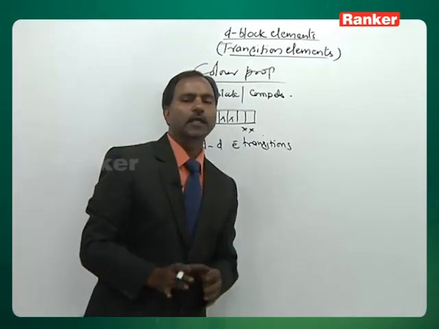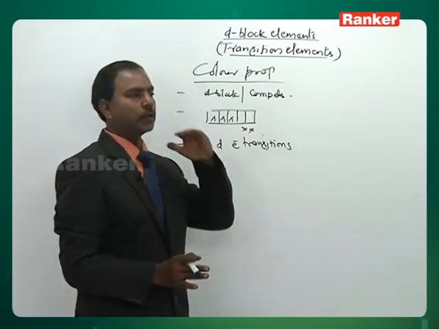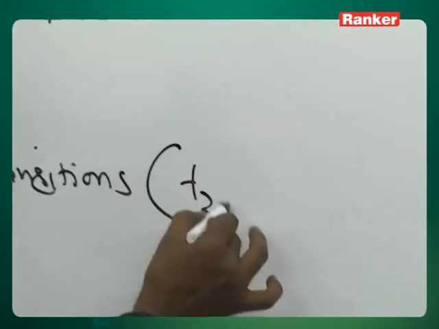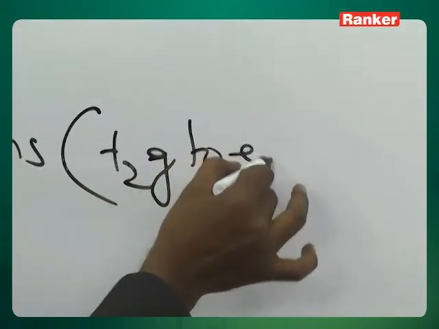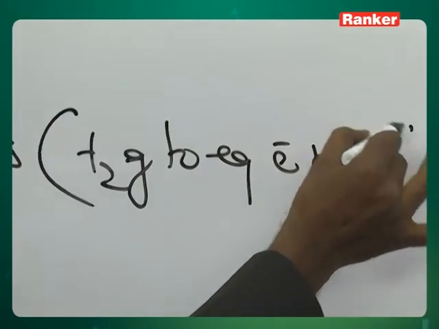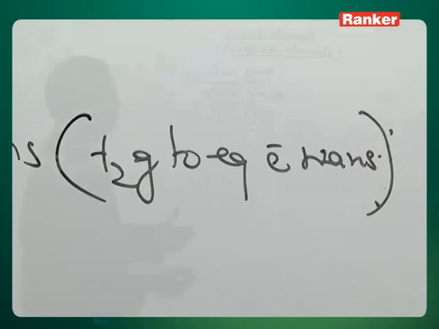According to crystal field theory, this particular transition you can also say is a t2g to eg electronic transition. What is this?